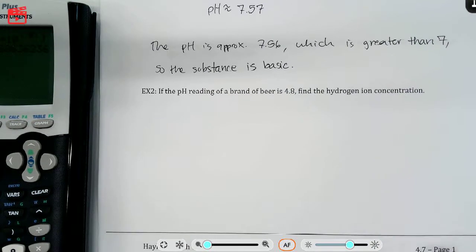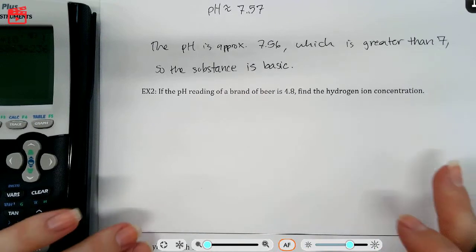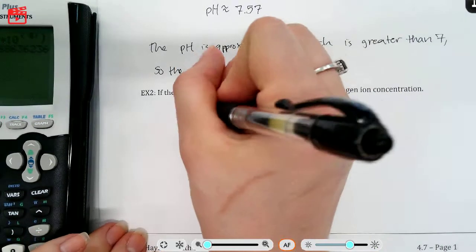Example 2. If the pH reading of a brand of beer is 4.8, find the hydrogen ion concentration. This time we're given the pH and asked to find the hydrogen ion concentration, H plus.